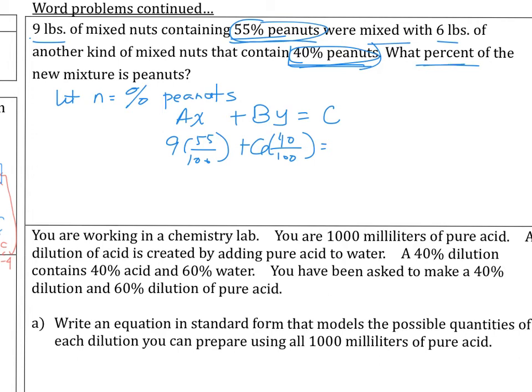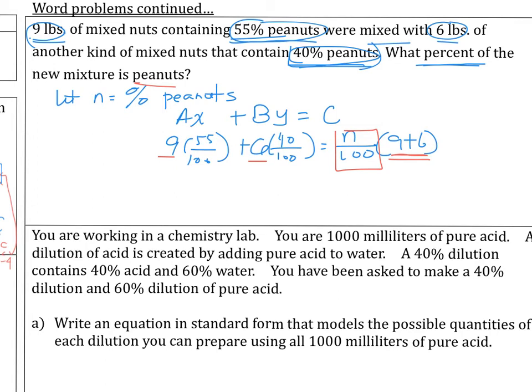And what percent of the new mixture is peanuts? So I need to take n over 100 and multiply by the mixture, 9 plus 6. So this makes sense here. We have 9 pounds plus 6 pounds, and what percent of the total number of pounds would be peanuts.